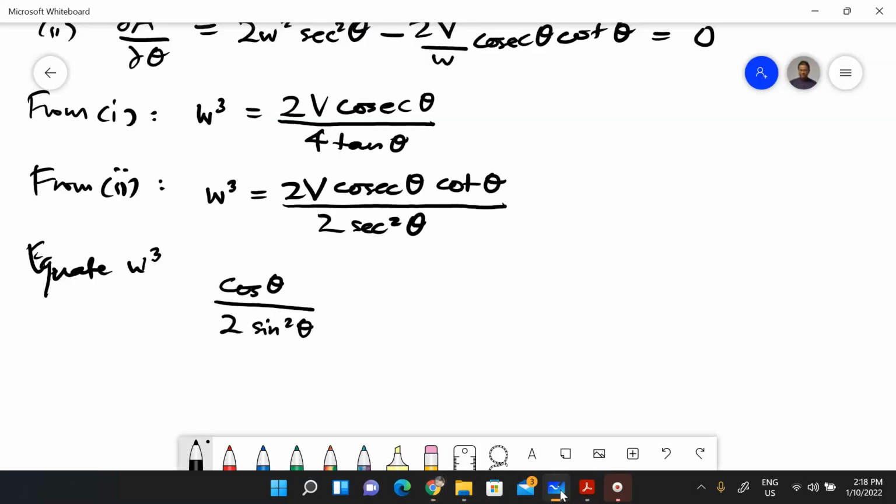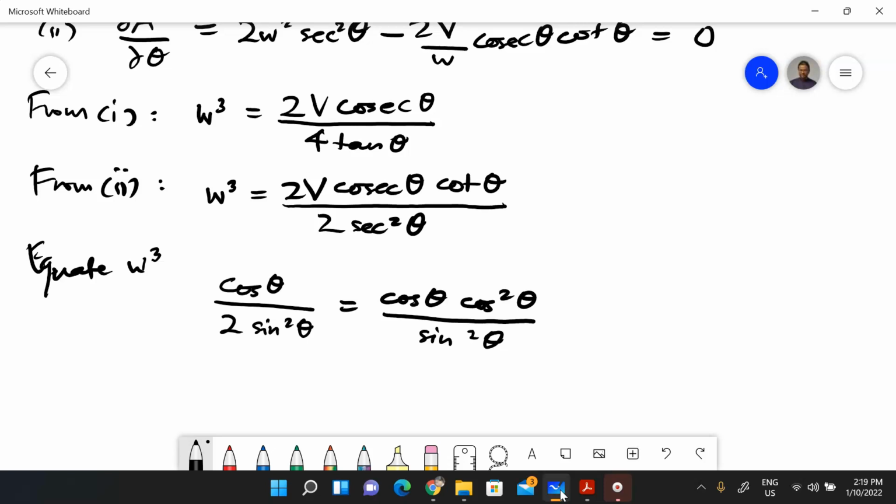Okay, cos theta over 2 sine squared theta equals, again after simplification, cos squared theta divided by sine squared theta. Of course, you can simplify this further, but one of the things we want to see is to make sure that we have a valid solution.